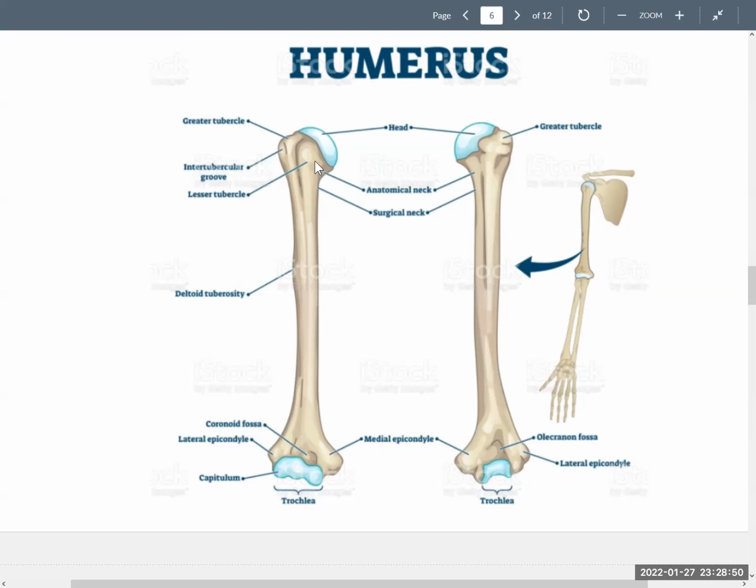This is a right humerus. You'll see how I know that in just a second. The head of the humerus is rounded, and it looks like it has a skull cap.